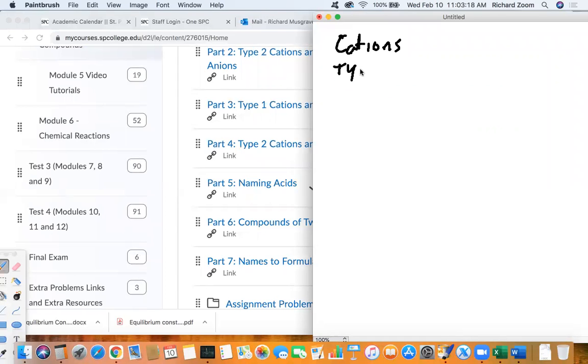The cations, we've got the type 1s, which are everything in group 1, group 2, and aluminum. There are also some others, zinc, cadmium, silver, bismuth. You won't have to worry about these too much because I haven't included any of those in the quiz. But these are all considered to be type 1s as well.